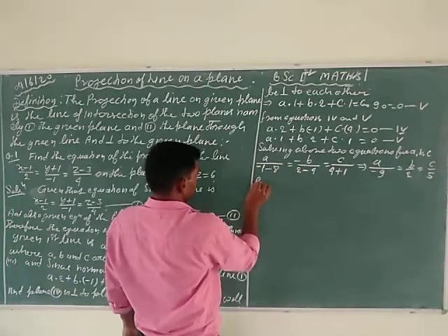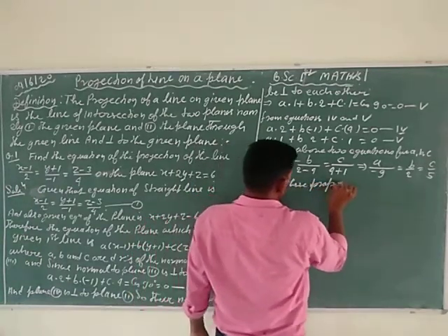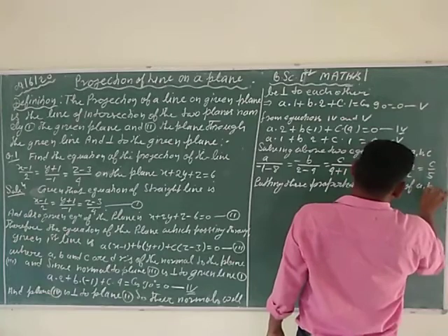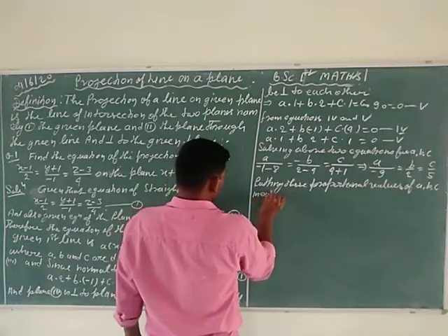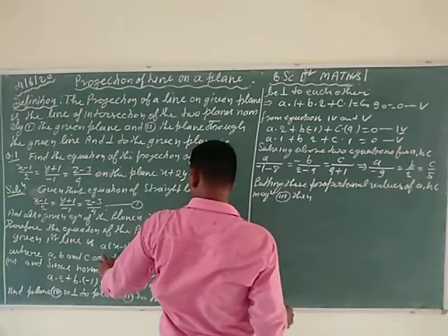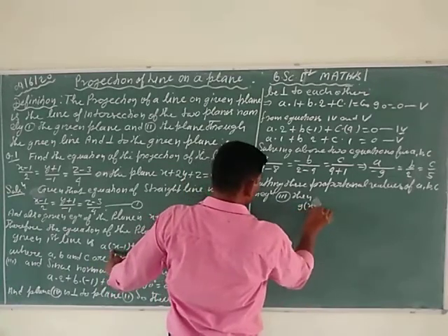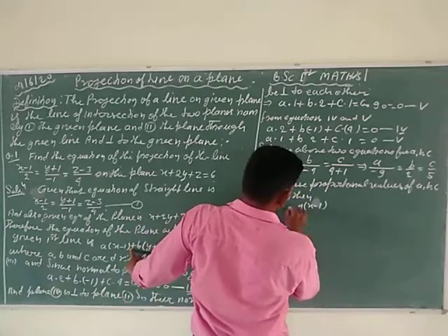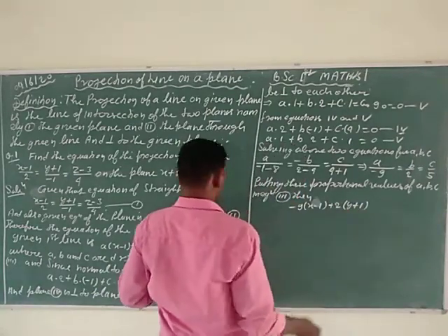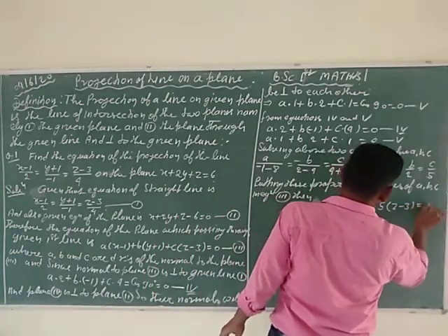Putting these proportional values of small a, b, c in equation 3rd, we get 9 times (x minus 1) plus (minus 9 plus 2) times (y plus 1) plus 5 times (z minus 3) is equal to 0.